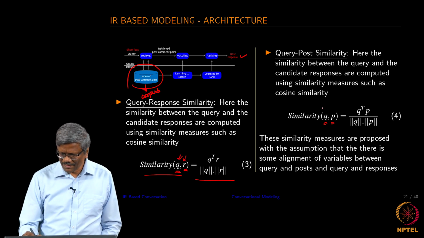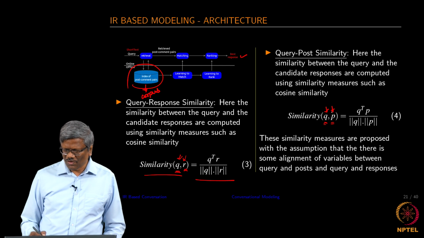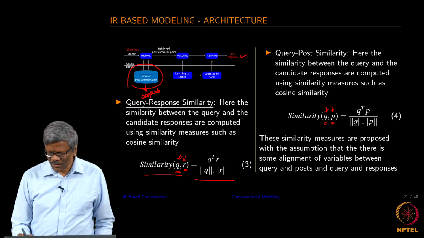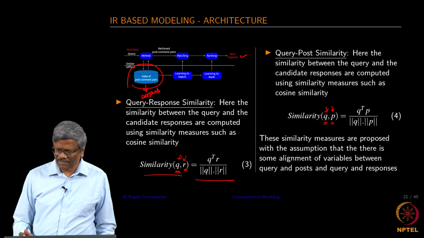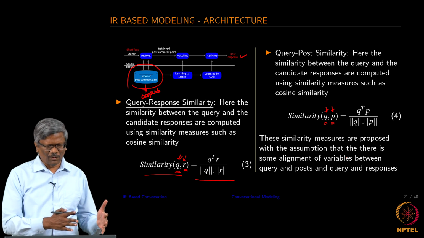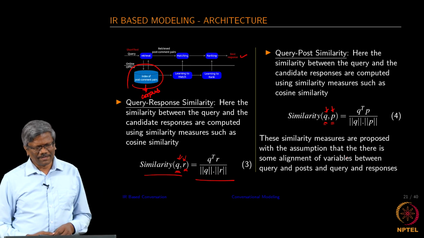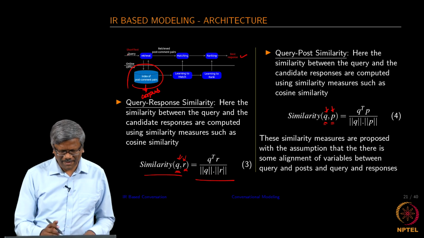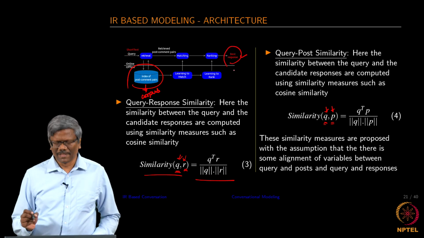In the same fashion, if we have some words which are common to both query and the post, we are going to have some similarity scores which we would be computing, and finally figure out how close the final result is with respect to the query that is given, and that would be chosen as the best response.